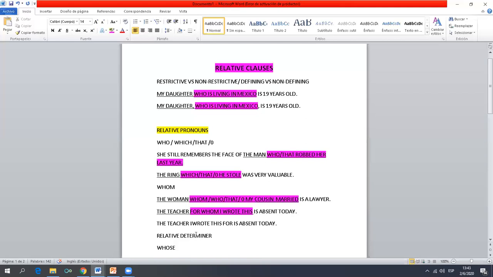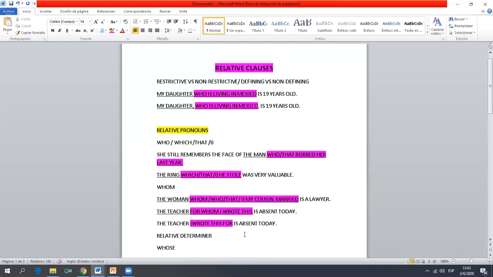The teacher I wrote this for is absent today. Here is the relative with the omission, okay, of the relative pronoun. So sometimes it is not so easy to identify the relative clauses when the relative pronoun is omitted.